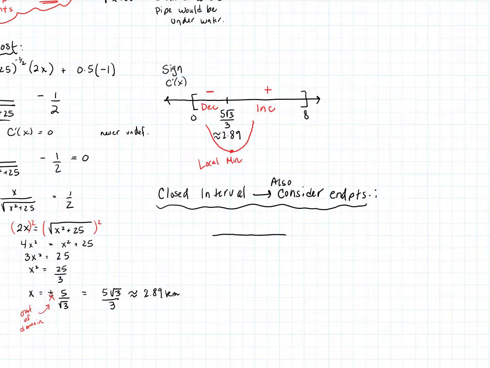So I go to my little table and I'm going to compare the cost function at 0, at 2.89, and at 8. So the two extremes are in there as well. So those are the two endpoints. Okay? So checking, we have to add in the two endpoints and check those against the cost.